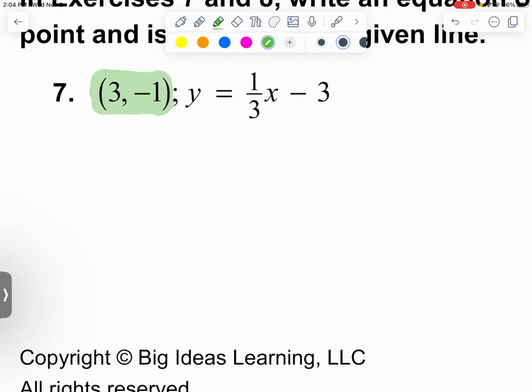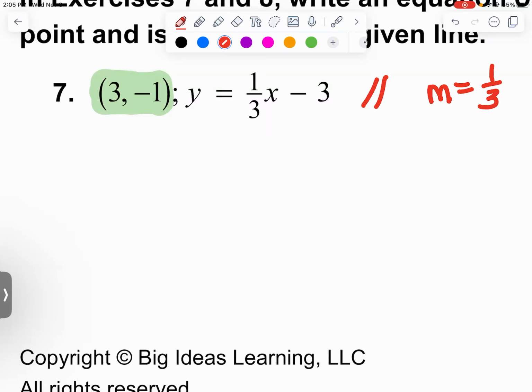We also know that it's parallel to y equals 1/3 x minus 3. What is that telling us? What's 1/3? Yeah, if we're parallel to this guy, our parallel slope is the same. Right, now we have a point. Now we have slope.